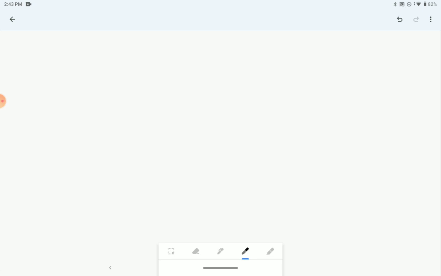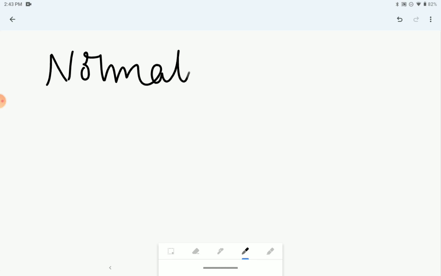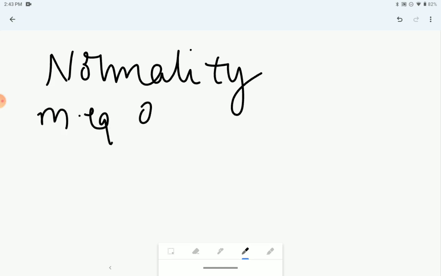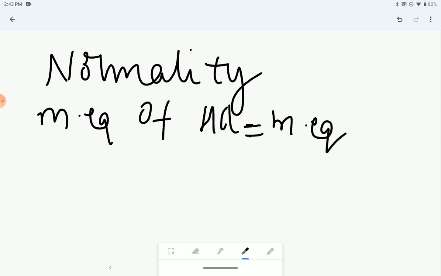First, in this question we should know about normality, because here 25 ml of given HCl solution requires 30 ml of 0.1 molar sodium carbonate solution. That means the mole equivalent of HCl should be equal to the mole equivalent of Na2CO3, which is sodium carbonate.